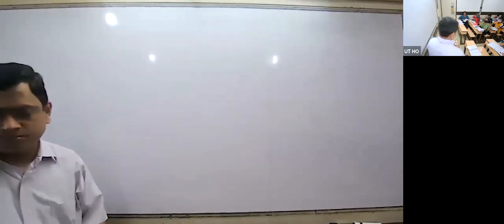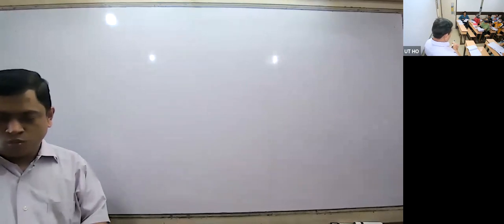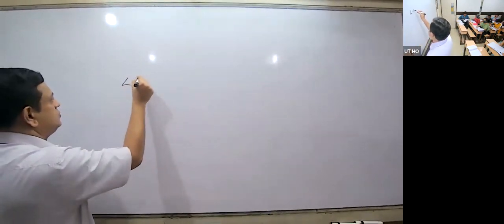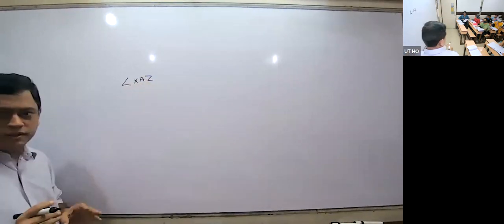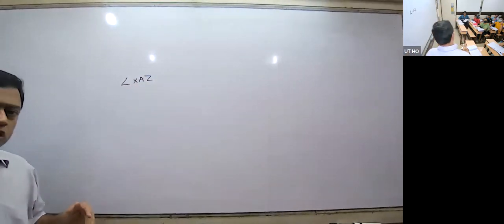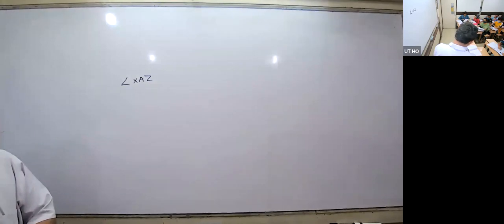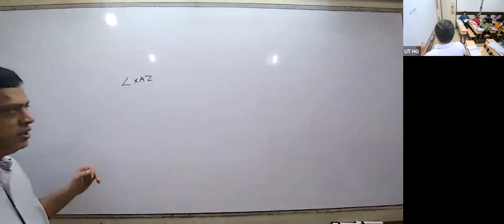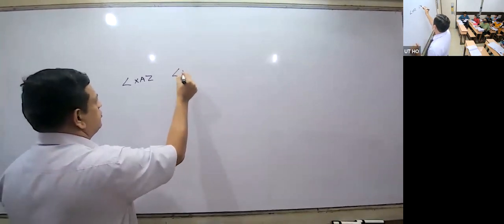Look here. Now tell me, what is XAZ? Angle XAZ is 90 degrees. Yes or no? And what is angle BAD? 90. Therefore, both are equal.